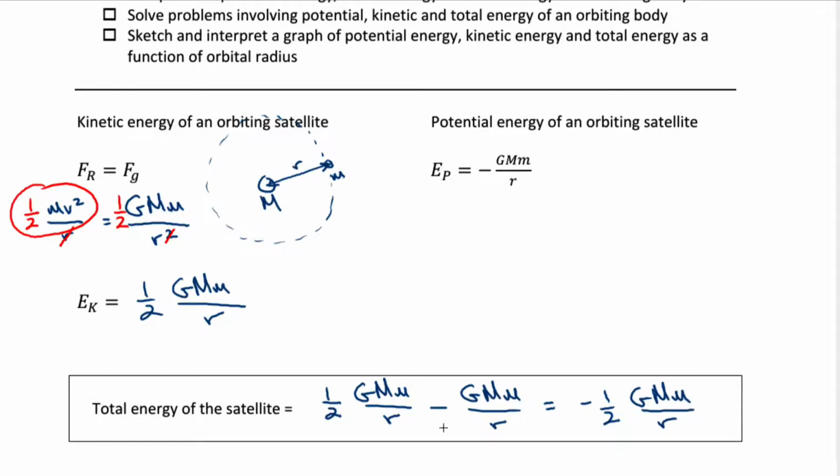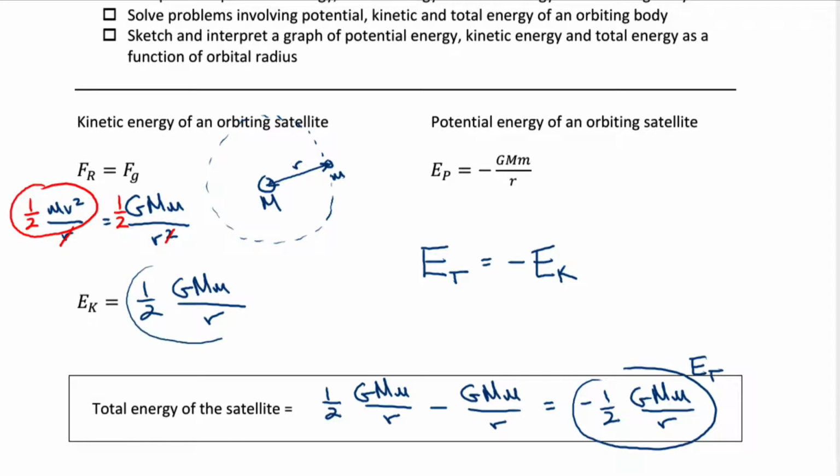Now all of these expressions look really similar, so let's unpack them a little bit. What we've got is that the total energy, I'll call that E total, this is the total energy right here. The total energy is equal to the negative of the kinetic energy. If you take a look at the kinetic energy over here, notice that these two are negatives of each other.